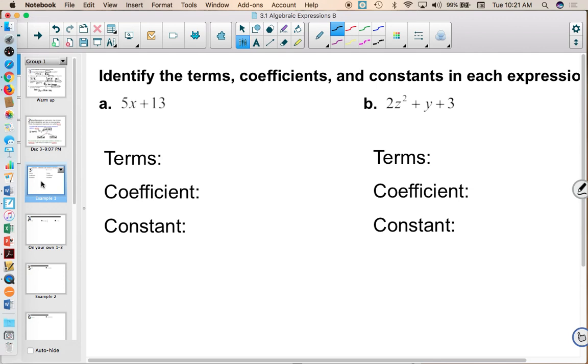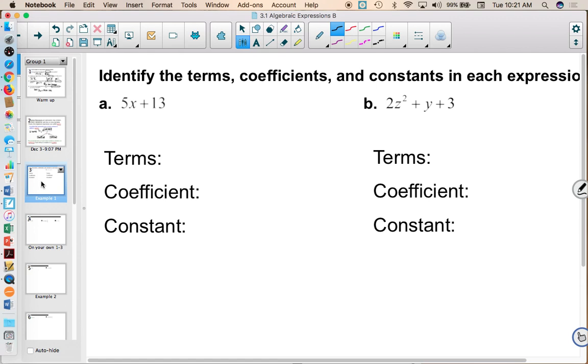What's it missing that an equation has that it doesn't? It has no equal sign. No equal sign says it's an expression. The fact that we put a variable in it makes it an algebraic expression. It has to have one variable to be an algebraic expression.